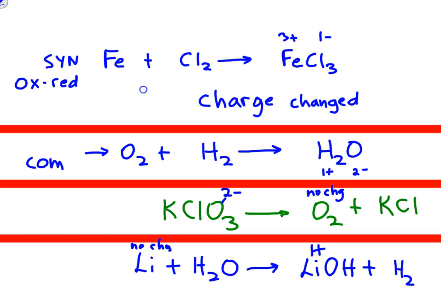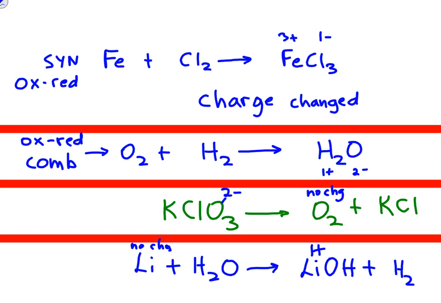And all combustion reactions are oxred. Yeah, A is hydrogen in this case. But the order of the elements does not matter. It's just that you have oxygen, O2, on the left side of the equation, not as the first reactant necessarily, because the order in which you write your reactants doesn't matter.